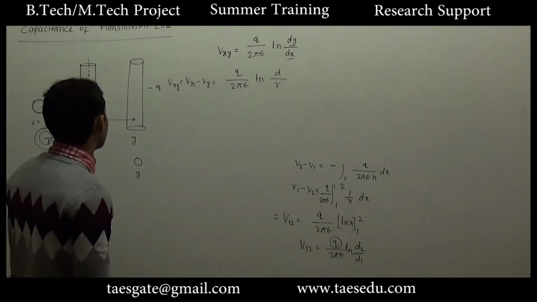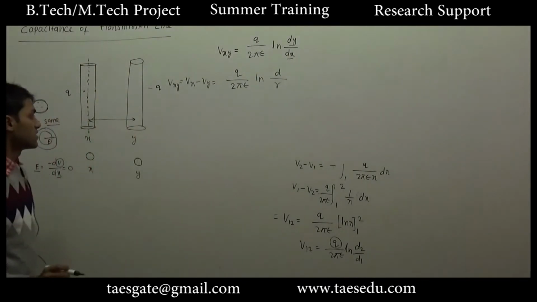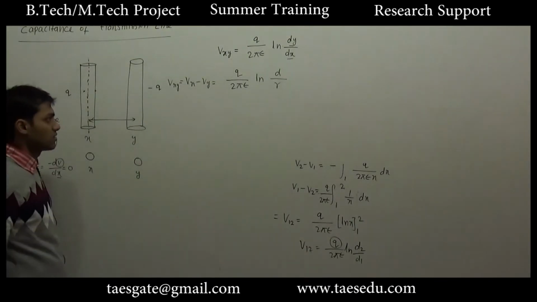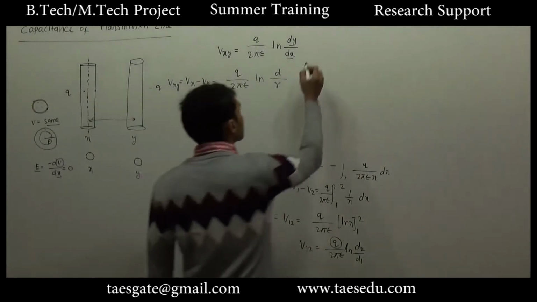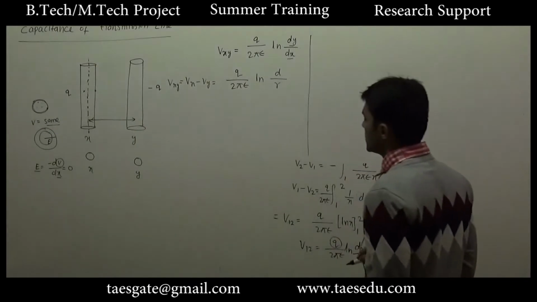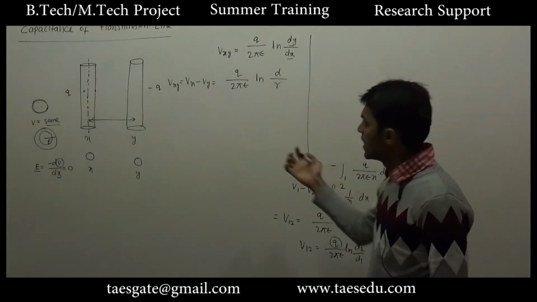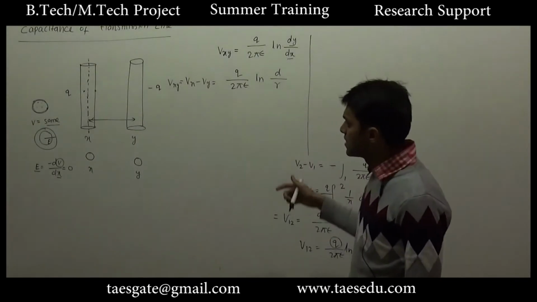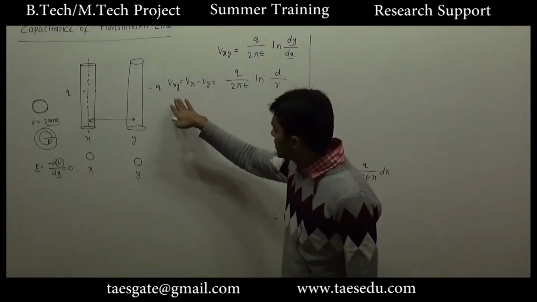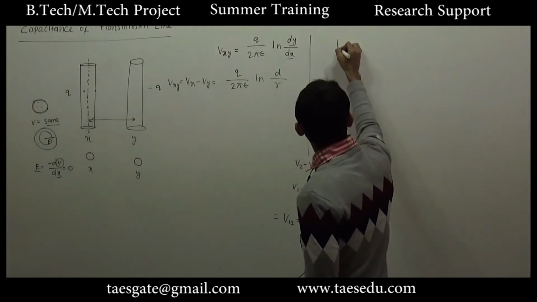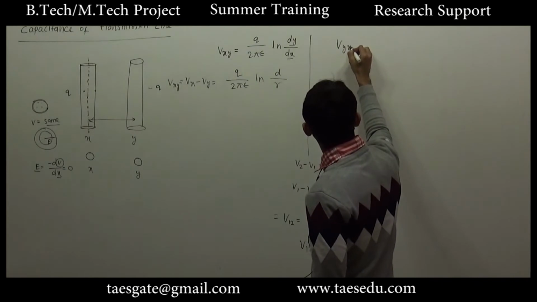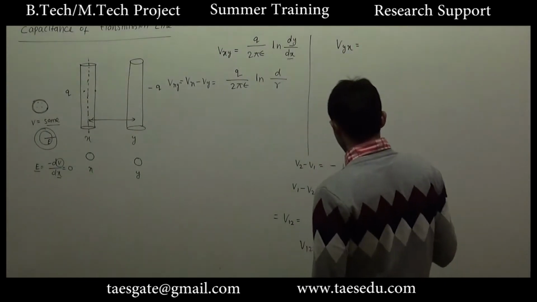Now let us find the same potential difference due to the charge on conductor Y. We again have to find Vxy, and we will add these two potential differences. But in place of Vxy, let us first write the expression for Vyx. What will be Vyx?